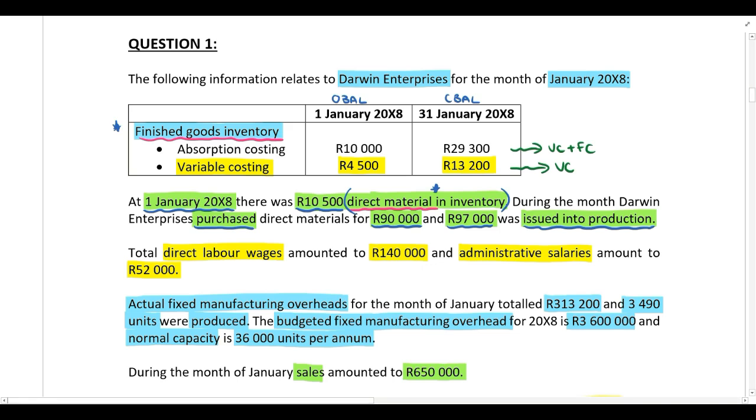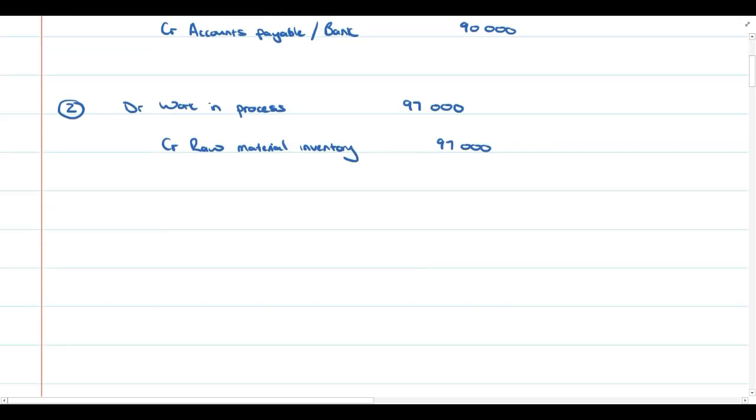We are then told that total direct labor wages amounted to 140,000 rand and admin salaries amounted to 52,000 rand. So let's record these two journal entries. To record the direct labor cost, we are going to debit our wages control account, and we are going to credit bank with 140,000 rand.